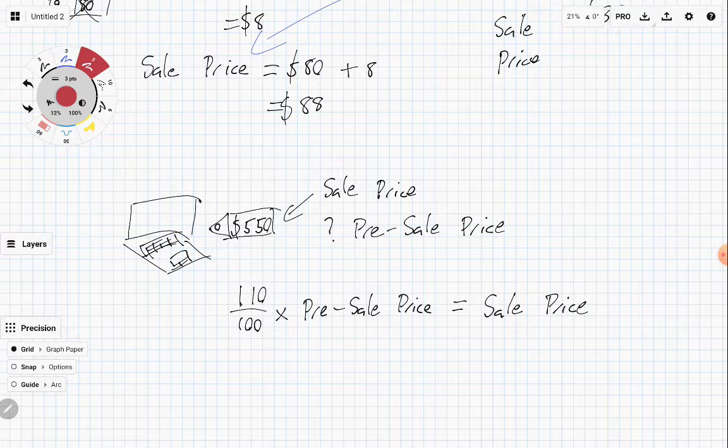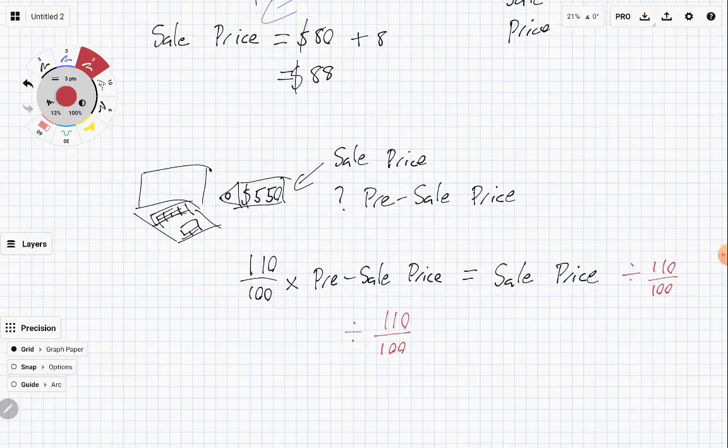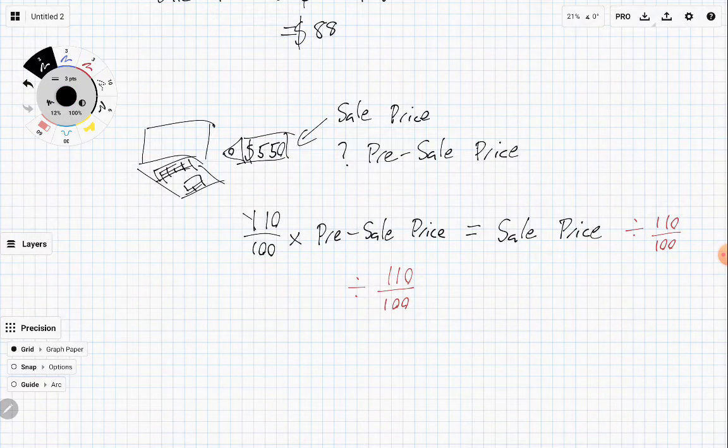So let's divide both sides by 110 over 100. And what are we left with? Well, on the right-hand side, these cancel. On the left-hand side, these cancel, and so we're left with the pre-sale price. And on the right-hand side, we're left with the sale price divided by 110 over 100.